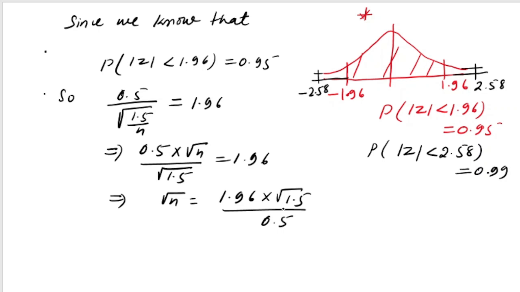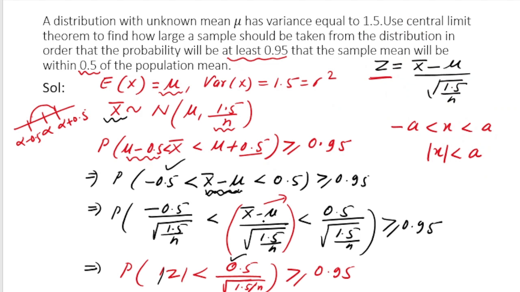So if you do this calculation, you write n, this will be equal to something like 23.06 approximately. Can we just verify it quickly? You do the calculation, you will get n is equal to 23.06. So for this value of n, this probability will be equal to 0.95, but I want the probability to be greater than or equal to 0.95.